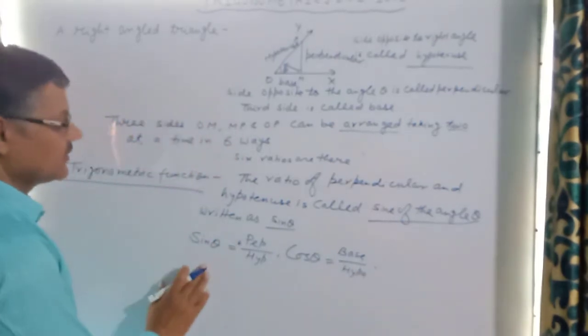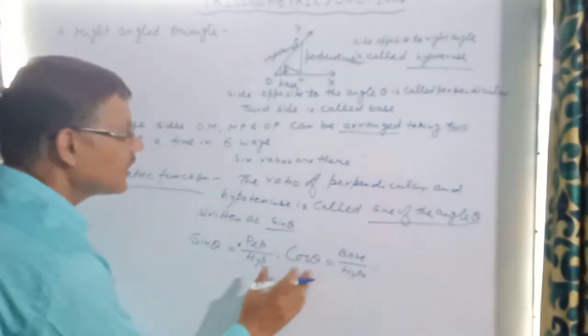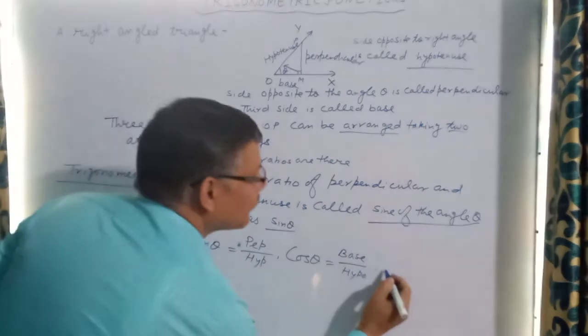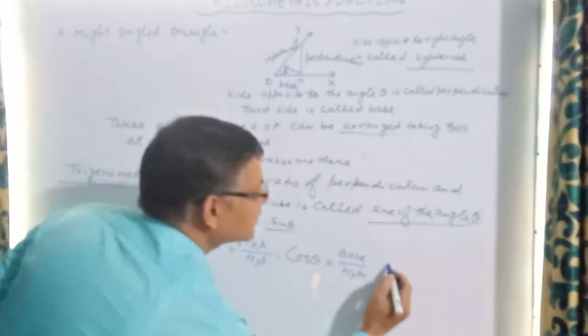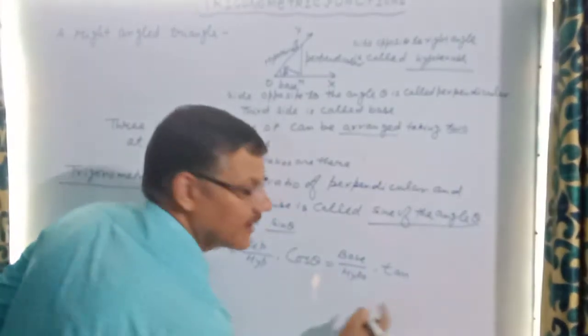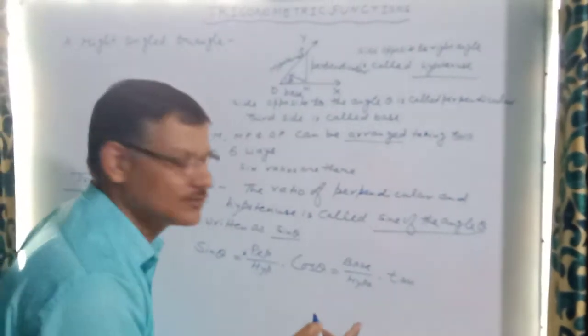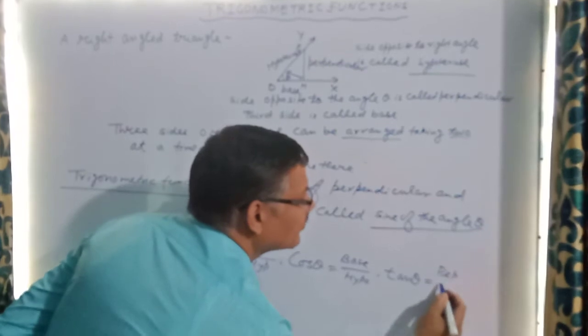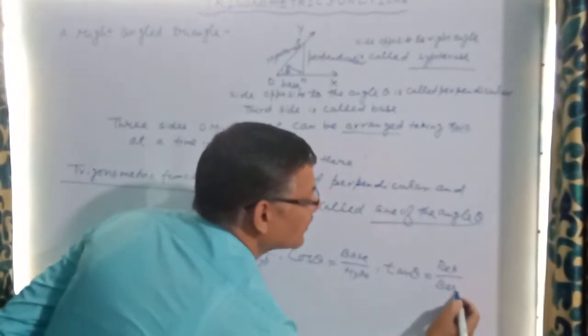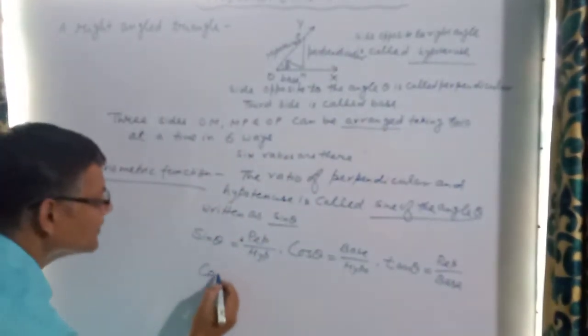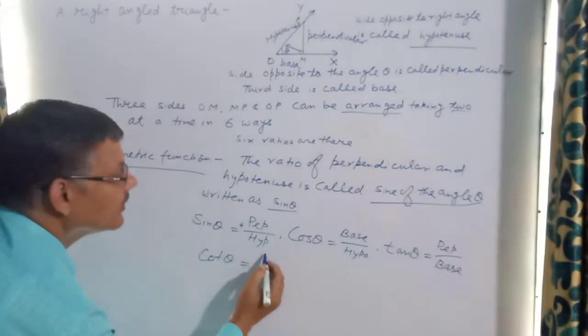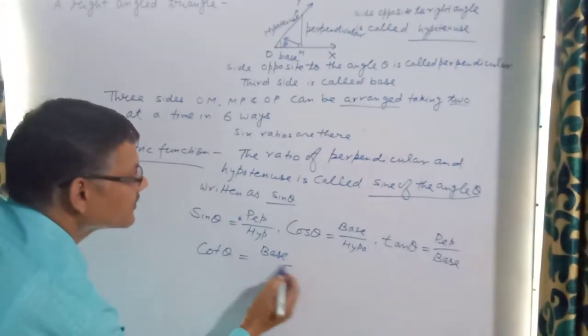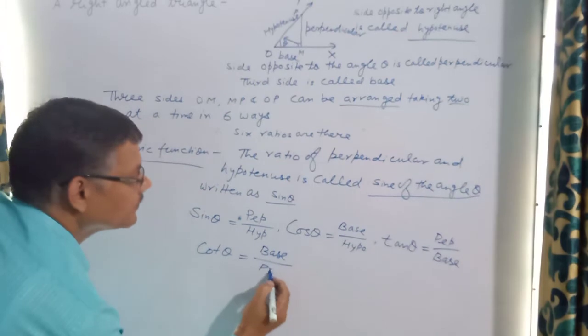Next ratio is tangent, written as tan theta, which is perpendicular by base. Now cotangent, written as cot theta, is equal to base by perpendicular.